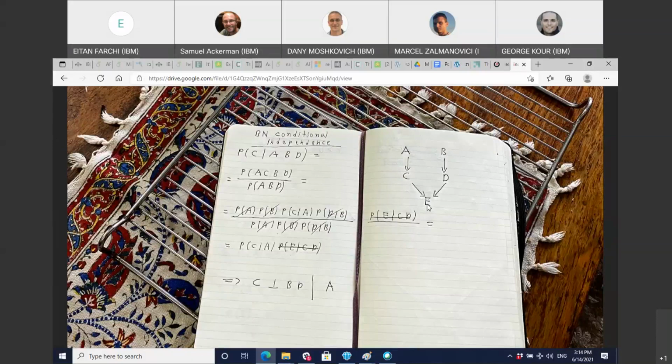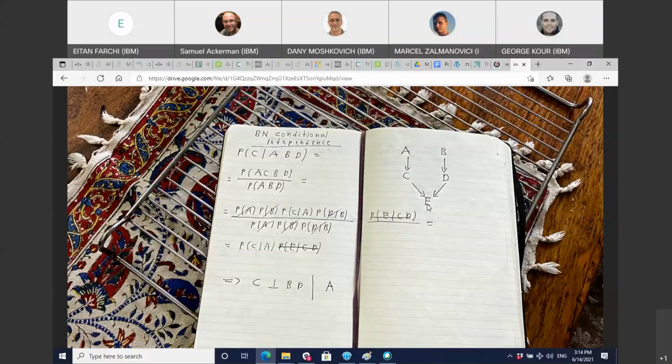How many rows will I have in the table representing E? Rows or columns? Rows. It's like 4 by 2, a matrix. Exactly. But because it's binary, I just need one of the two columns. Yes, the complementary.